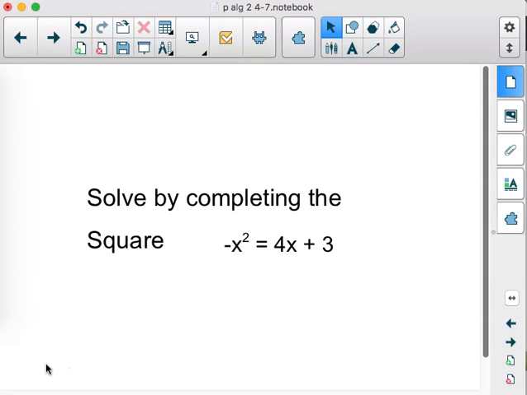What are we doing? Solving for negative x squared equals 4x plus 3.